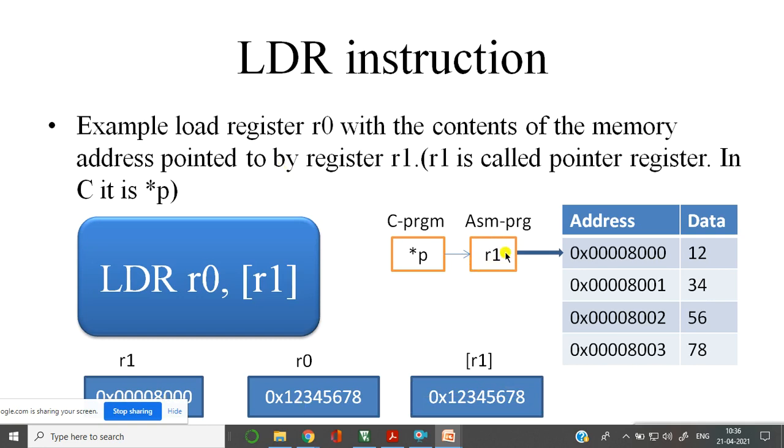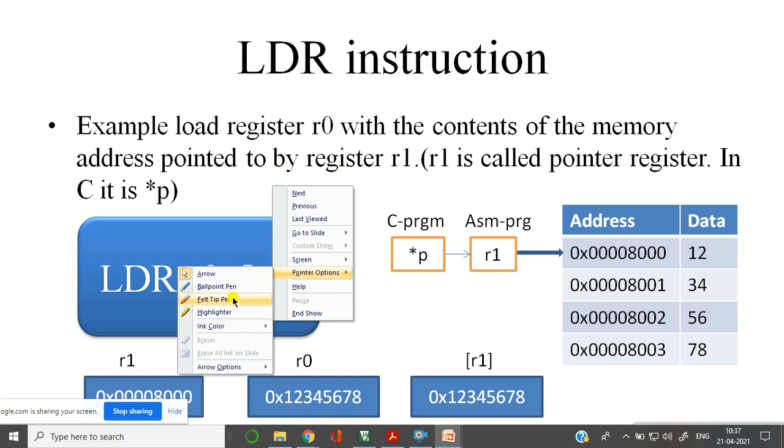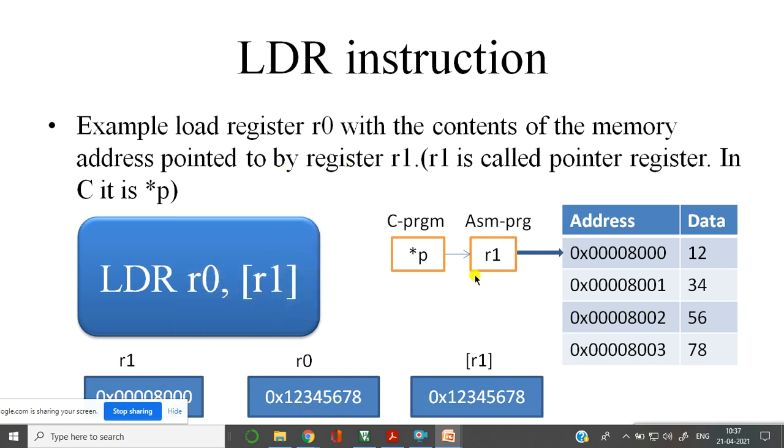This R1, we call it a pointer register here, or in another way, it is also called a base register. The other name for the pointer register is base register. Since this is pointing to one of the addresses, I also call this a base register.